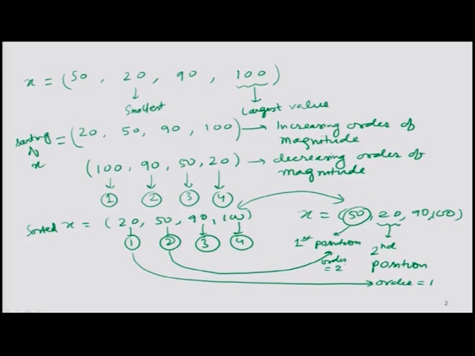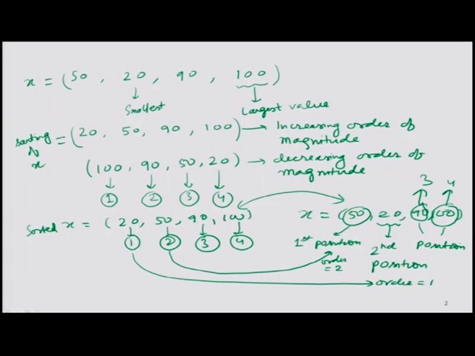And for this 90 value the order is 3, and for this 100 value the order is 4. So, in this case the positions of 90 and 100 are coinciding with the original order in the x vector. So, this is what we mean by sorting and ordering.